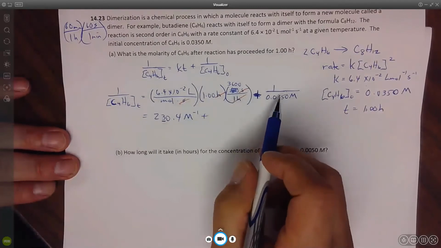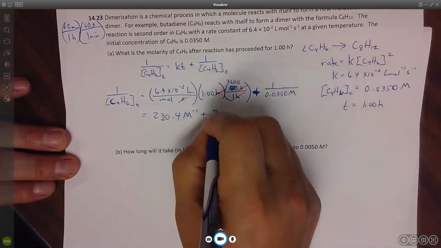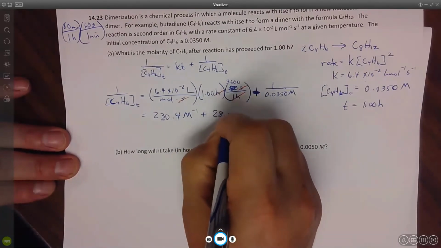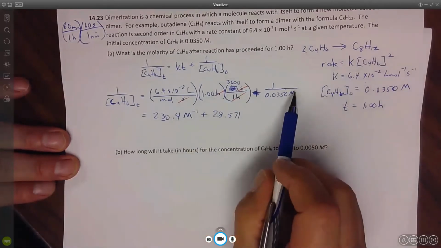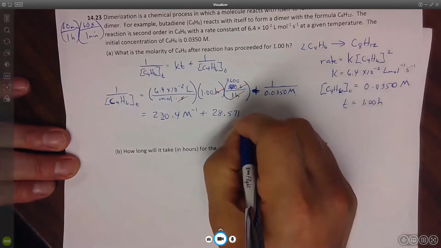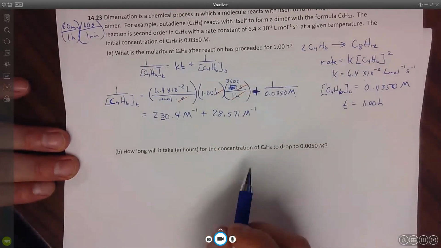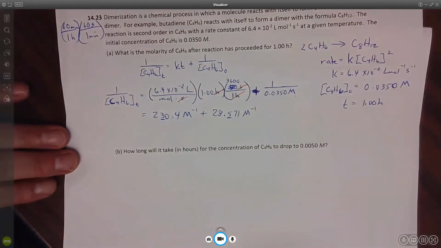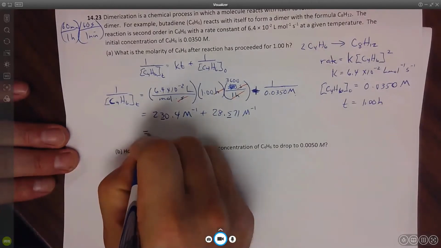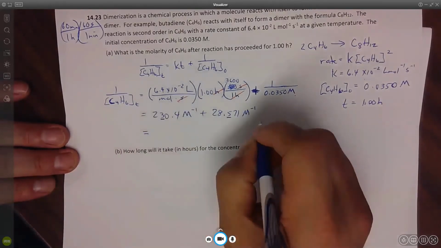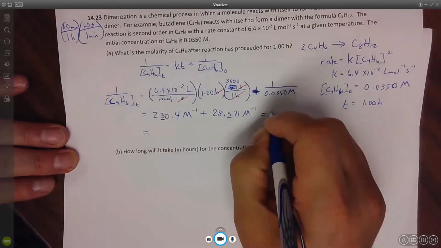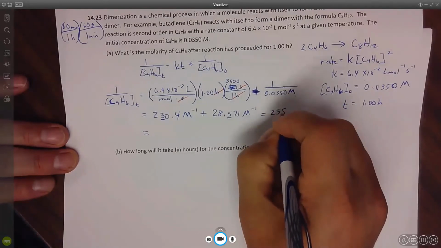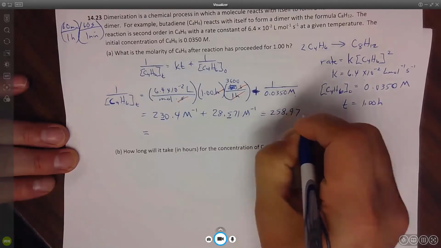And then 1 over this value here is going to give me 28.571. And again, this is per molar. This is 3 sig figs, so that'll go to there. Then plug that into your calculator, and you're going to get 258.97 per molar.